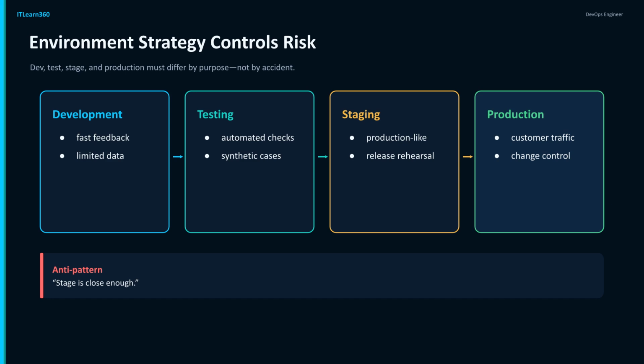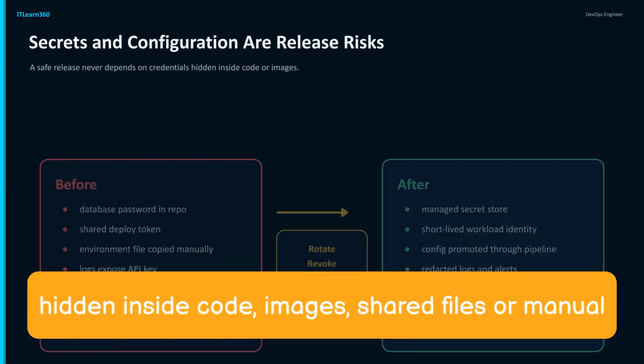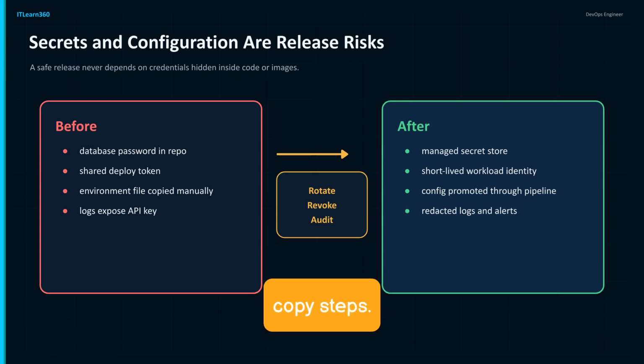Configuration is part of that strategy, but sensitive values must be handled differently from ordinary settings. That brings us to one of the highest risk areas in delivery: secrets and configuration management. A safe release should never depend on credentials hidden inside code, images, shared files, or manual copy steps.